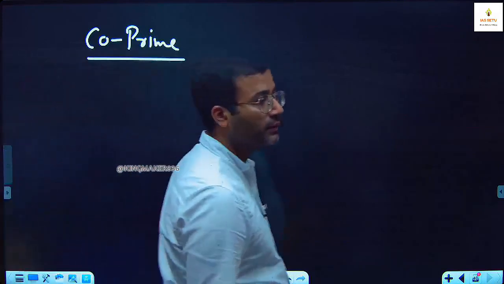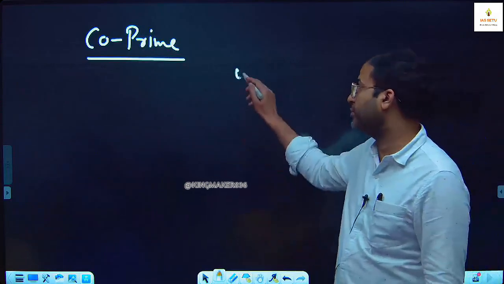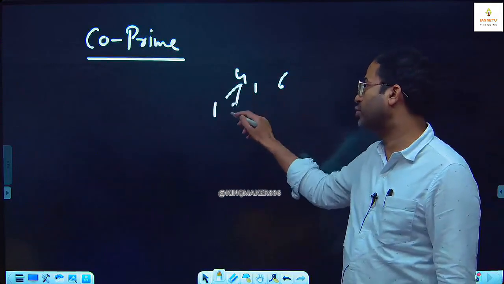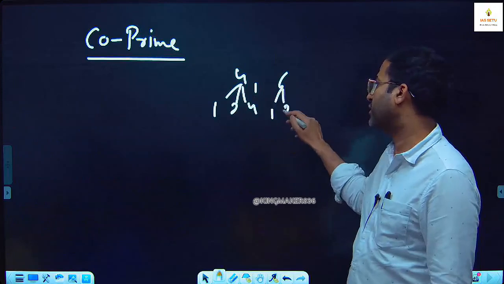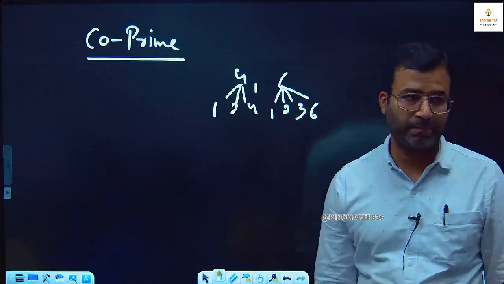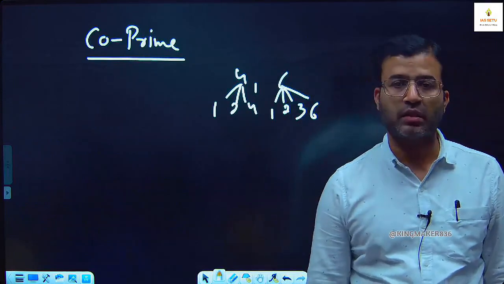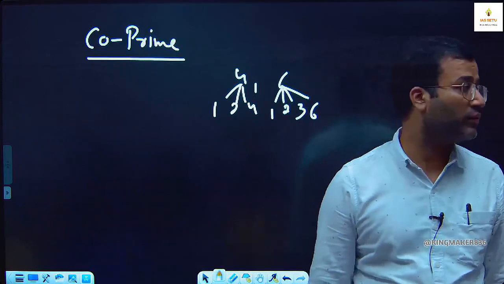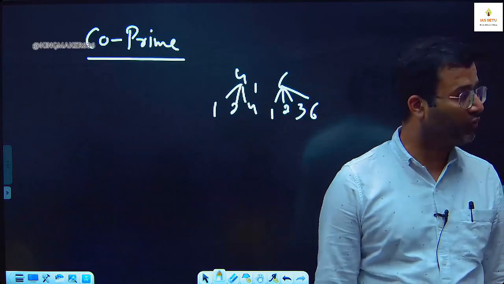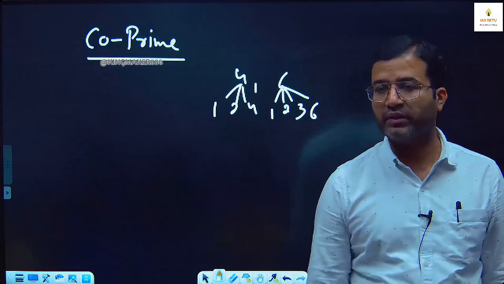Not remember. 1 तो 4 और 6 में भी होता है. 4 के फैक्टर है 1, 2, 4. 6 के फैक्टर है 1, 2, 3, 6. But 4 and 6 are not co-prime. The highest common factor number is 1. Okay, that is one of the property. HCF of co-prime number is always 1.